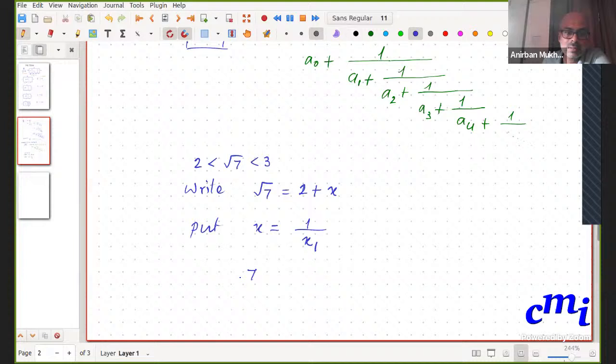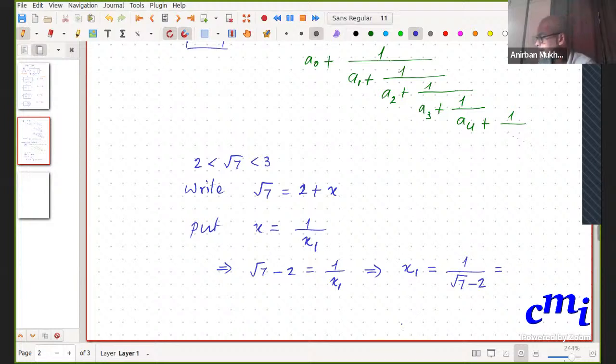So square root of 7 minus 2 is equal to 1 over x1. So what is x1? x1 is 1 over square root of 7 minus 2.